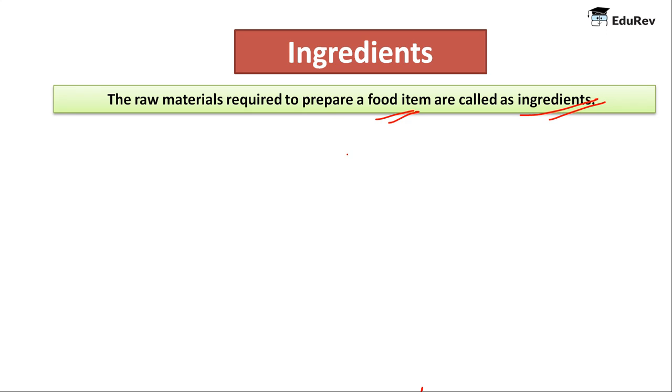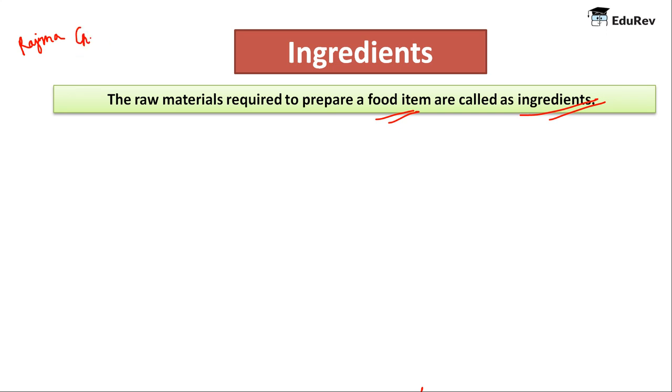For example, suppose we are eating Rajma chawal. Rajma will be called a food item. Chawal would be called another food item. Curd, if we are eating curd together with Rajma chawal, curd would be called another food item.